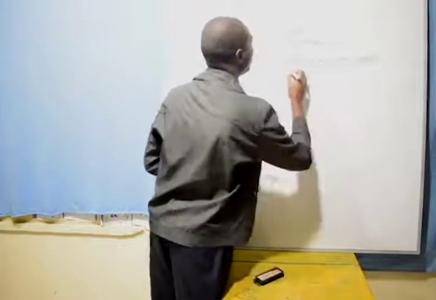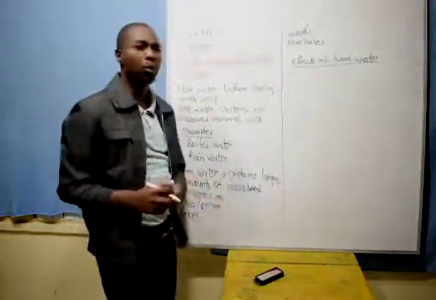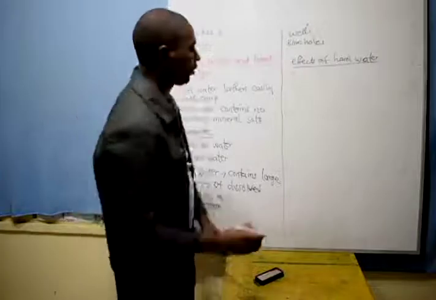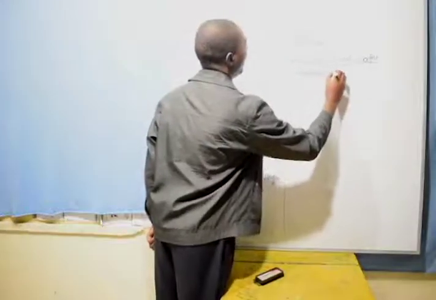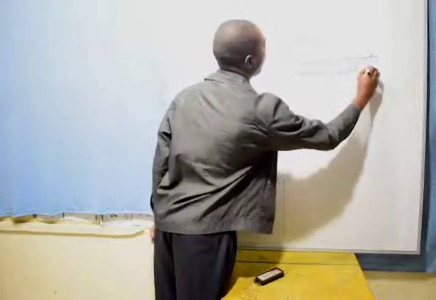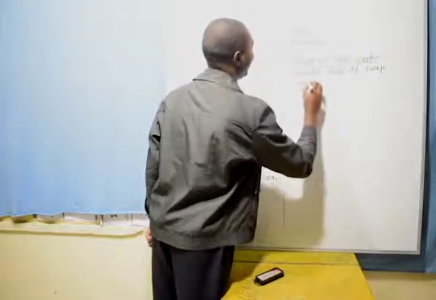This one I want you to try washing clothes using water from any of these sources. Number one, you realize that you waste a lot of soap and also energy. Soap and energy.